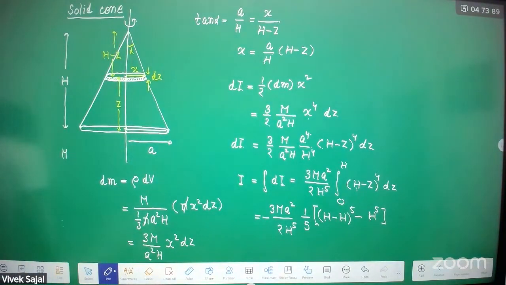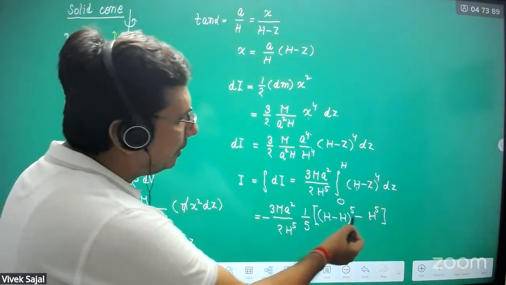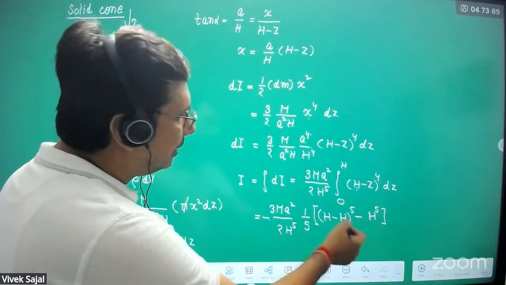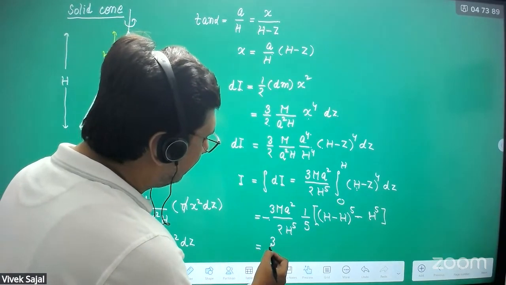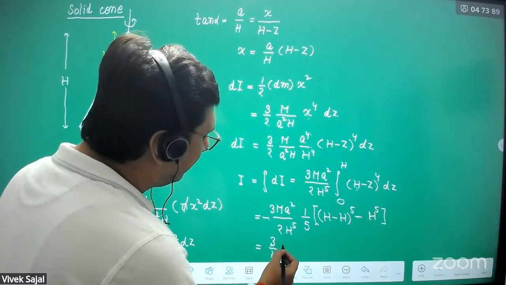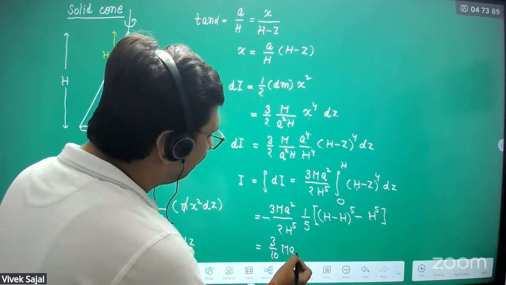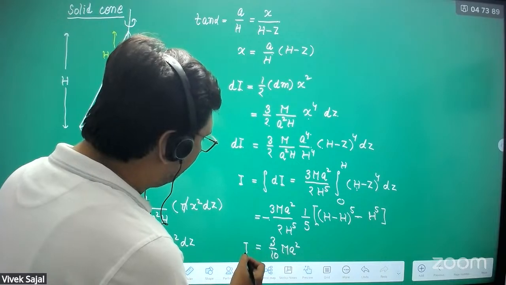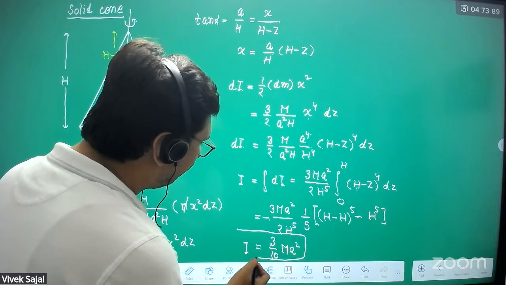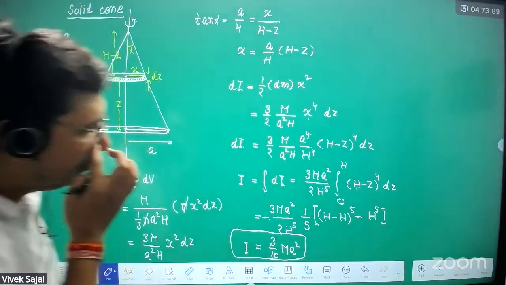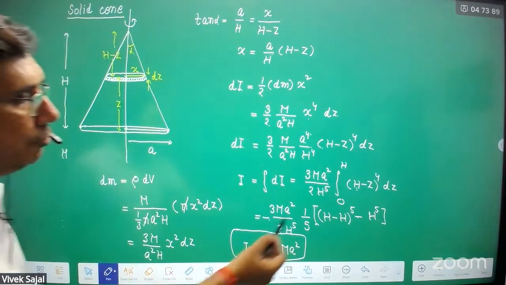Okay? So here this will be 0 and this minus is gone. h to the power 5 is gone. What are you going to get? 3 by 10 m a square. This will be the moment of inertia of this cone about this axis. So h to the power 5 is, this is 0 बेटा.